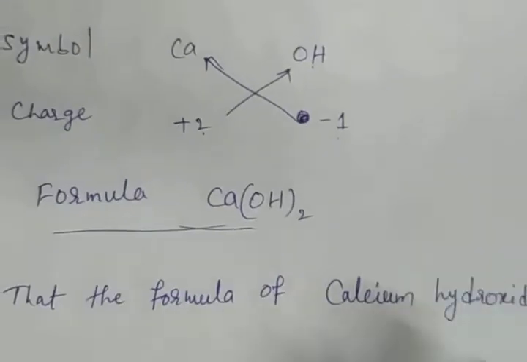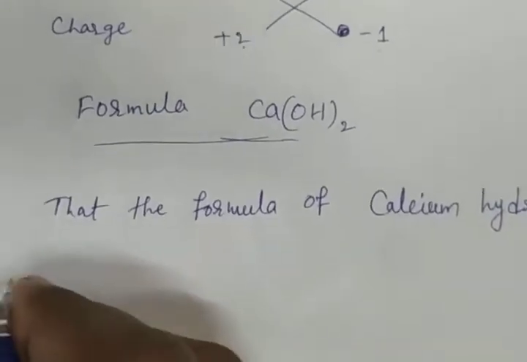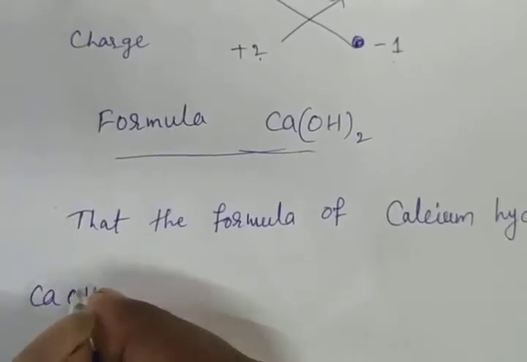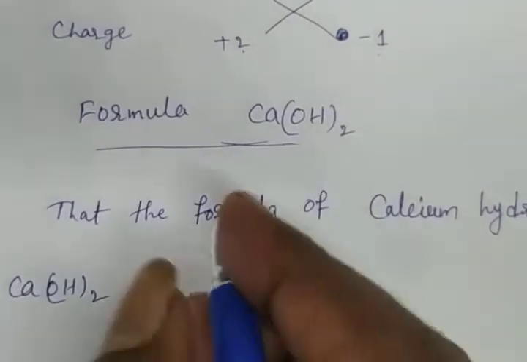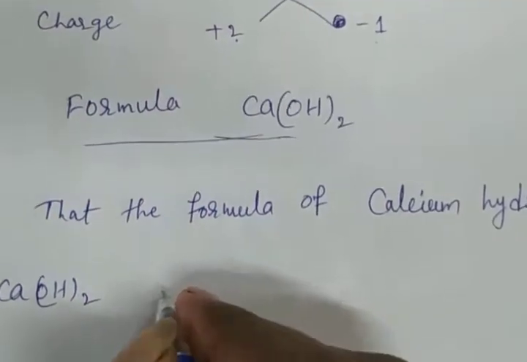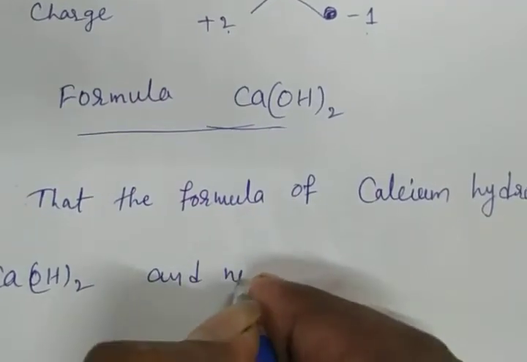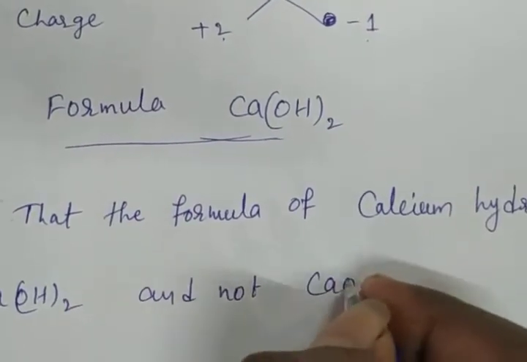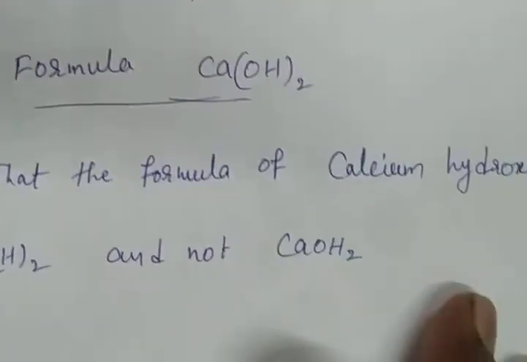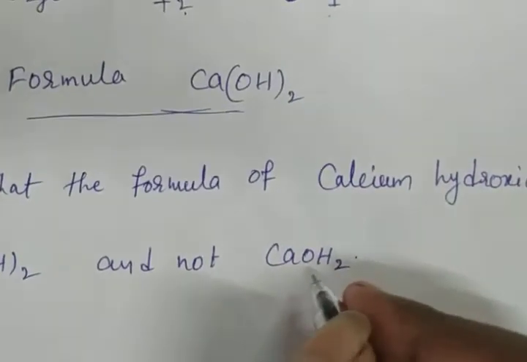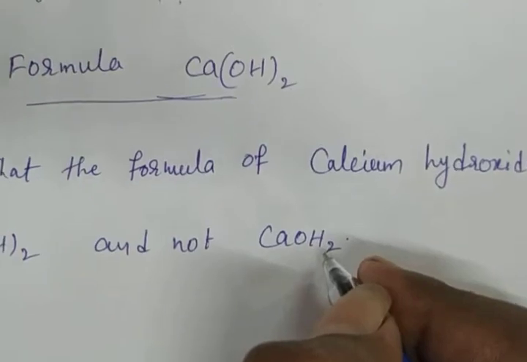The formula of calcium hydroxide is Ca(OH)2 and not CaOH2. It is wrong. If you write CaOH2 without bracket, it is wrong.